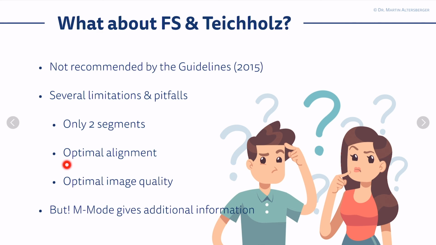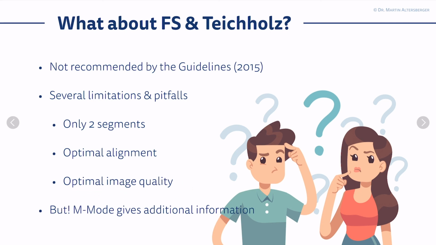First of all, you need an optimal alignment. So if your M-mode is not optimally aligned, you will not be able to get the segments you want, and you will have wrong measurements. You only measure two segments, so normally part of the septum and the part of the inferolateral wall. And I cannot mention it enough, you need optimal image quality.